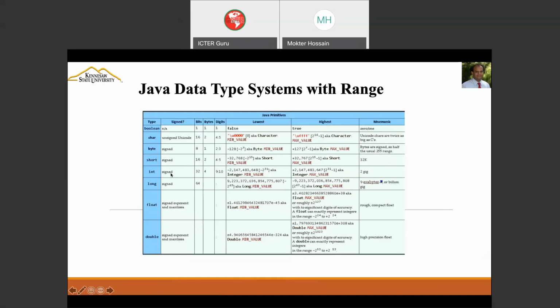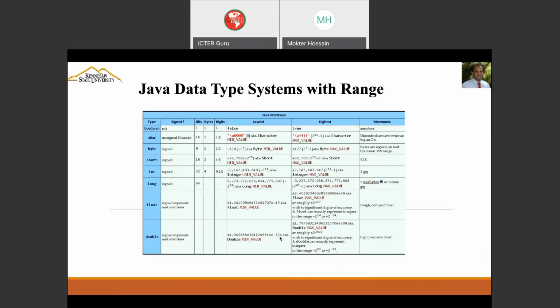For integer, it takes 4 bytes, and this is the lowest range and this is the highest range, with 0 in between. For the float number, the range goes from negative to positive. And for double, you see a very large number.